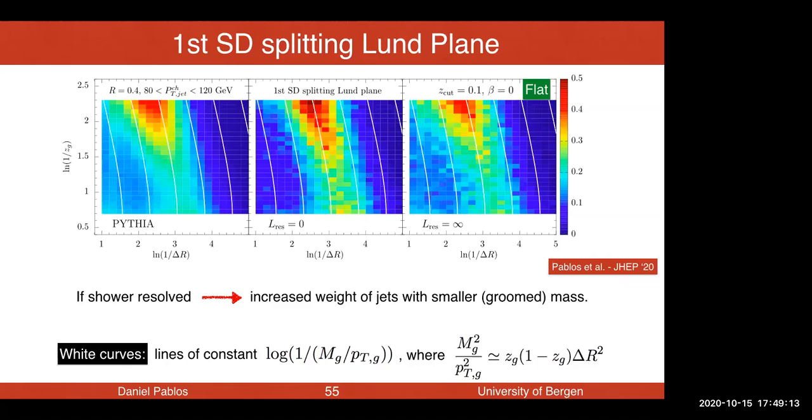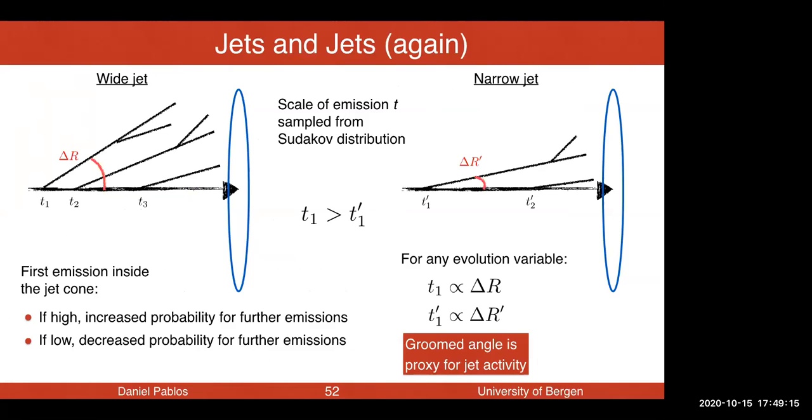I'm still a little bit confused about this diagram. Are you assuming that both cases have the same virtuality, and then you're just taking two cases where one has a big first splitting and the second one does not? Is that the picture I should keep in mind? Well, the virtuality is different between these two.